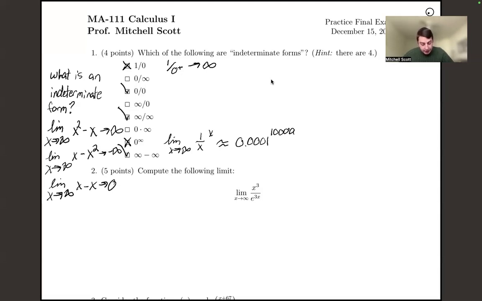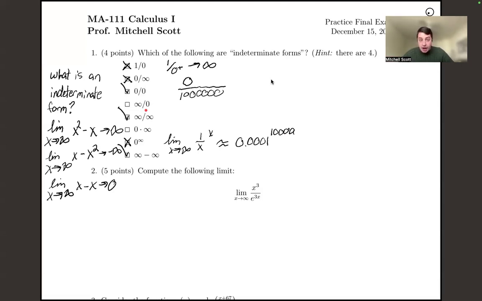And then we have 0 over infinity and infinity over 0. Again, we need to think about this. If I have a number very close to 0 and I divide by a number that's very, very big, this is just going to be 0. We have 0 divided by a really big number, still 0. So that's not an indeterminate form.